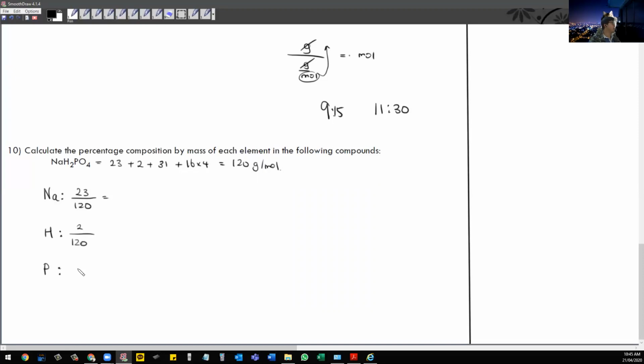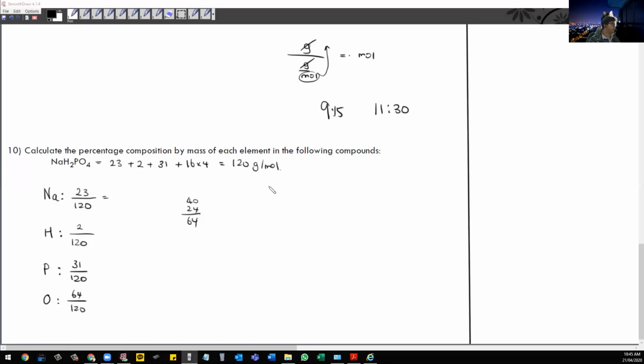Phosphorus is 31 divided by 120, and oxygen is 48? Is that right? No. What's 16 times by 4? That's 64, right? Yeah, 64 divided by 120 there. So just calculate all these percentages.